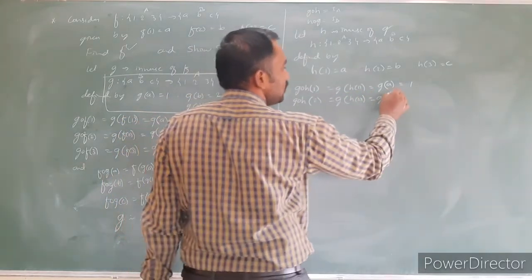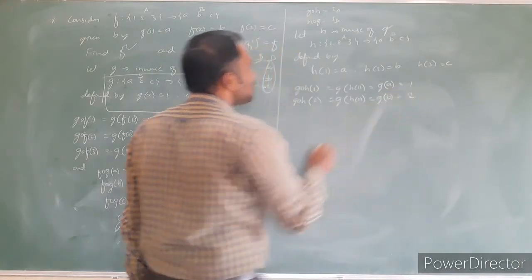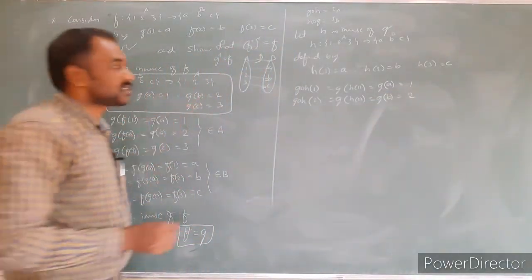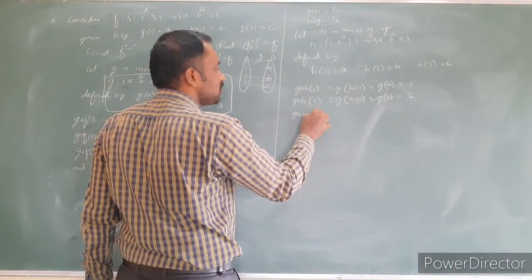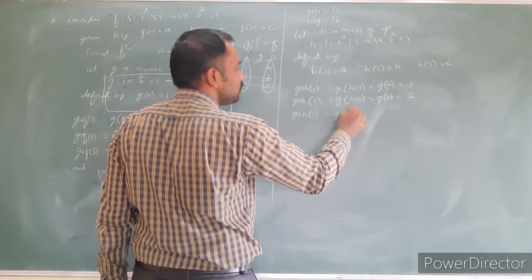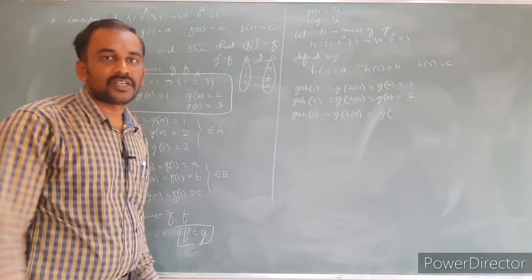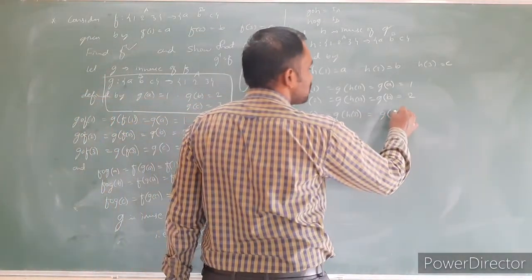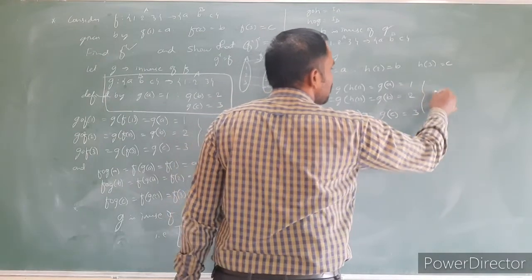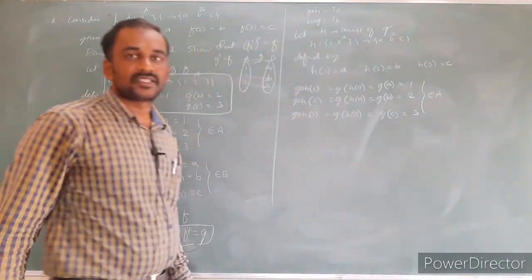What is H of 2? It is B. G of B is 2. Similarly, G circle H of 3 is G of H of 3. What is H of 3? It is C. That means 3. All elements belong to the set A.